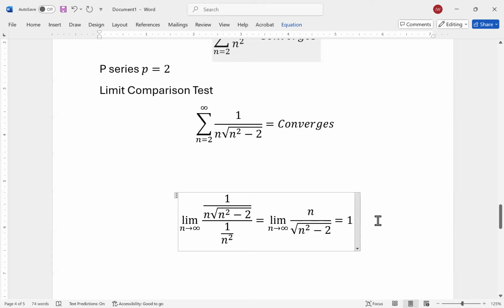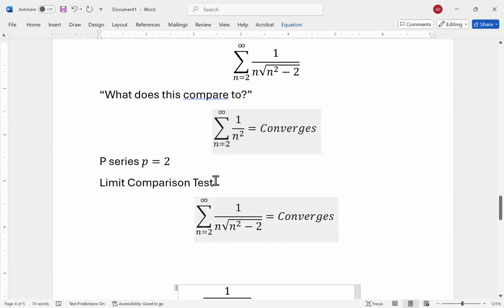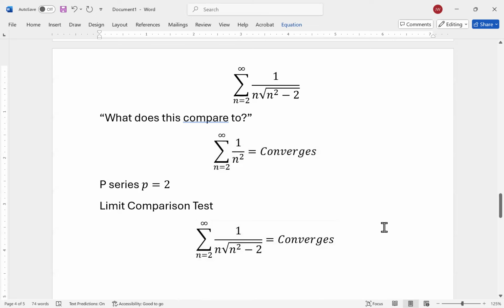So anyways, 1 is a non-zero real number, and therefore the limit comparison test works. Therefore, since this p-series converged, the series that I wanted to find also converges.